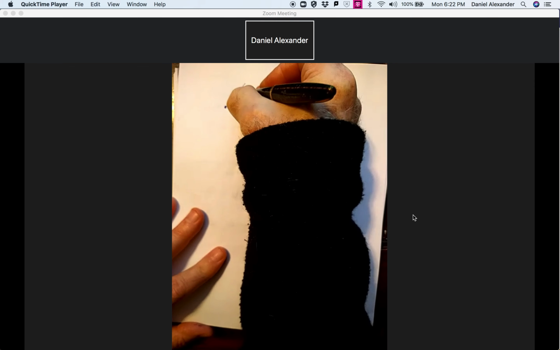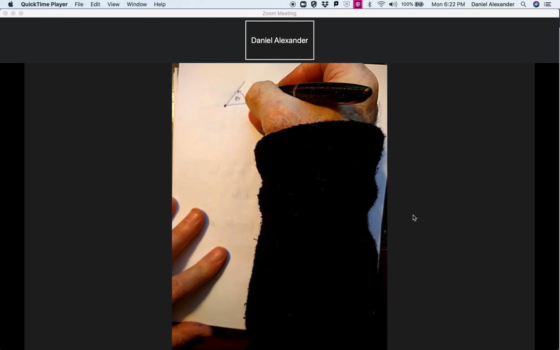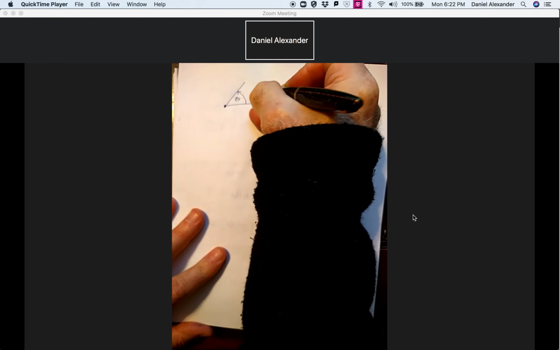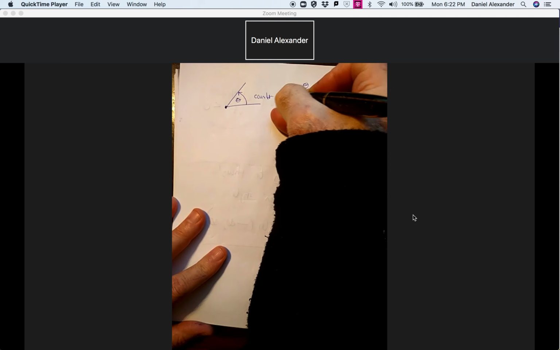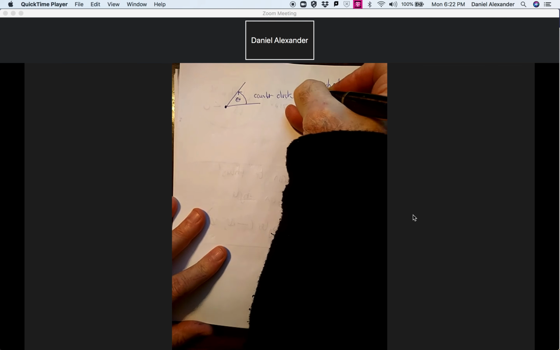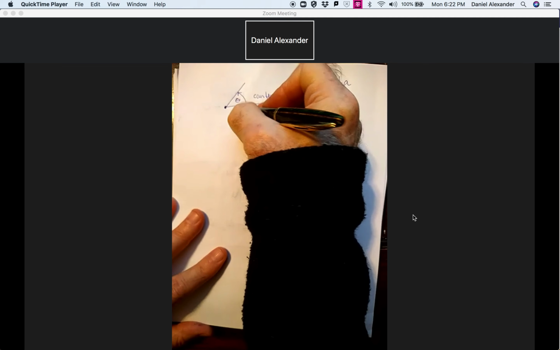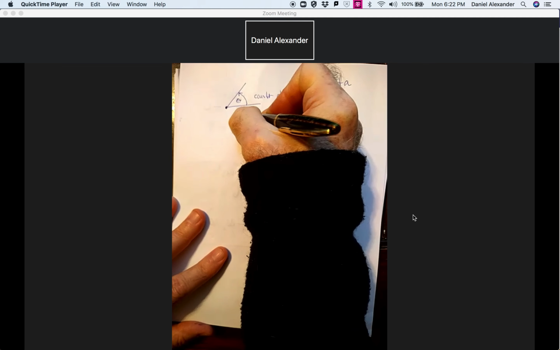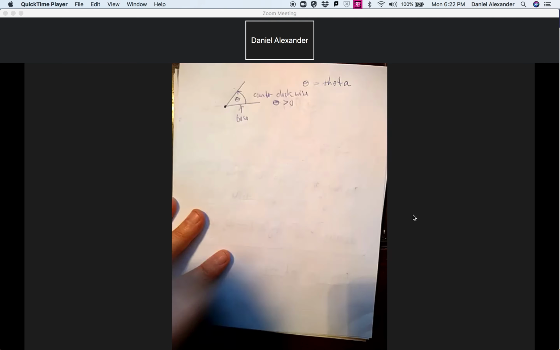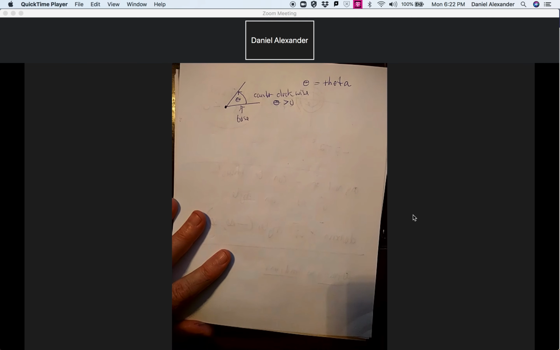Okay, so if I go this way, that's counterclockwise, theta is greater than 0. This is called the base. If I draw my base here and measure in that direction, I'm going to have a positive angle.